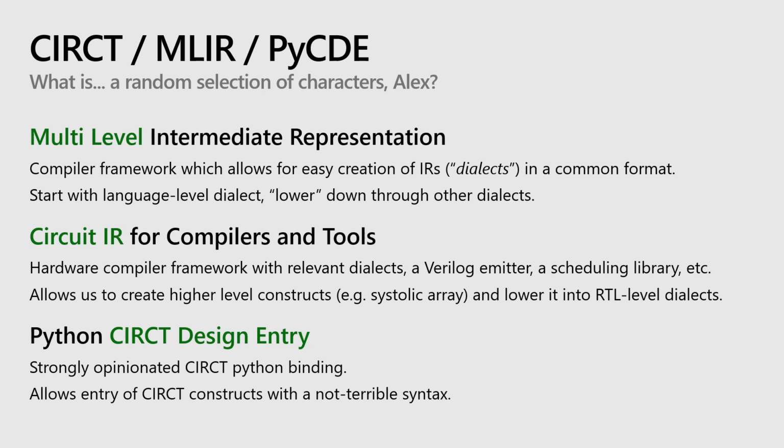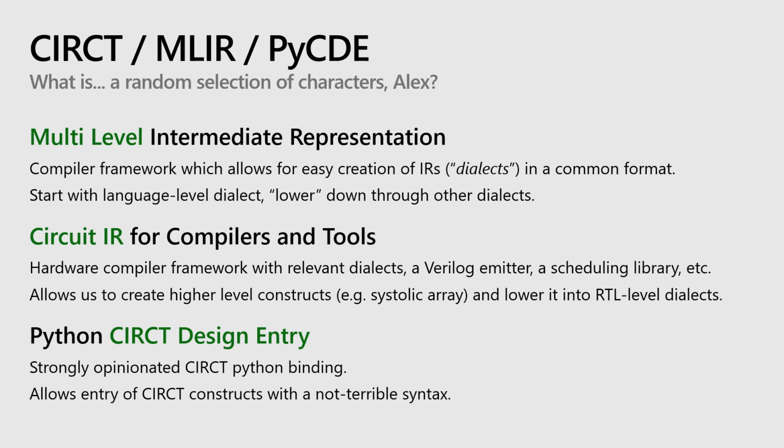CIRCT is a set of hardware relevant dialects, a Verilog emitter, a scheduling library, a whole lot of relevant code. And it allows us to create these higher level constructs, such as systolic arrays and broadcasts, and then lower them into these RTL level dialects. It's really great.